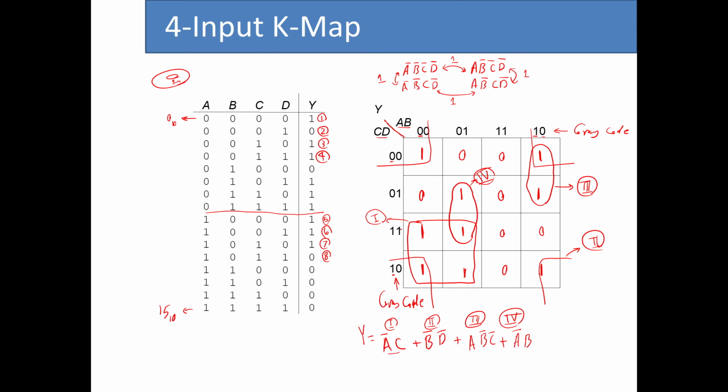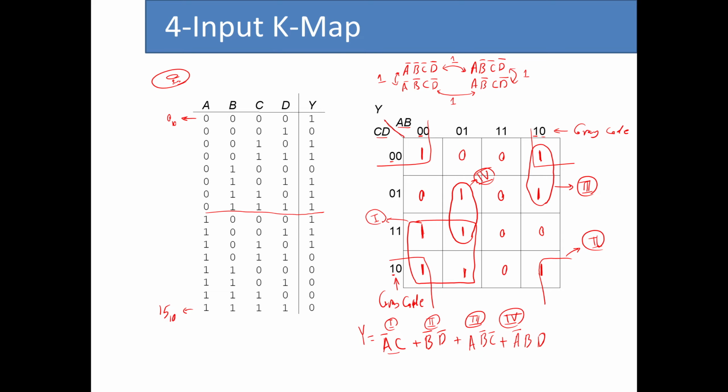And D is always 1, so we have D. So this is the simplified equation that we have for this function. So how many terms do we have? We have only 4 terms. 1, 2, 3, 4.